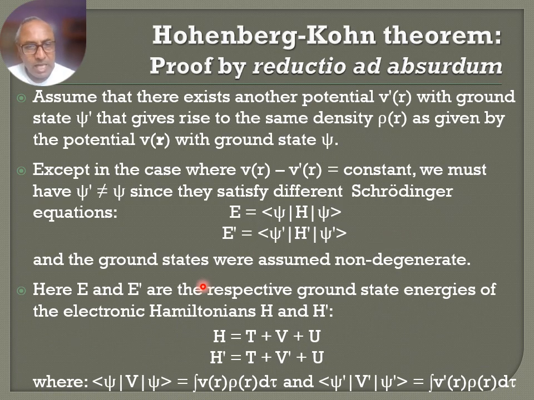Here, E and E' are the respective ground state energies of the electronic Hamiltonians H and H', where H is equal to T plus V plus U and H' equal to T plus V' plus U, and where the expectation value of V is equal to ∫V(r)ρ(r)dτ, and the expectation value of V' is equal to ∫V'(r)ρ(r)dτ.